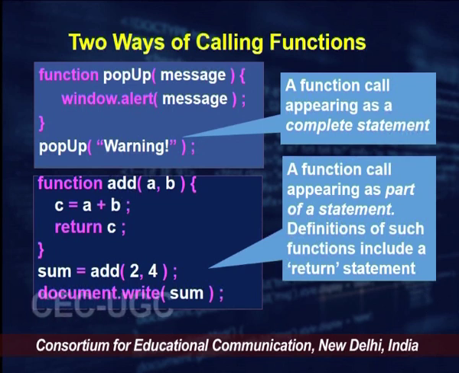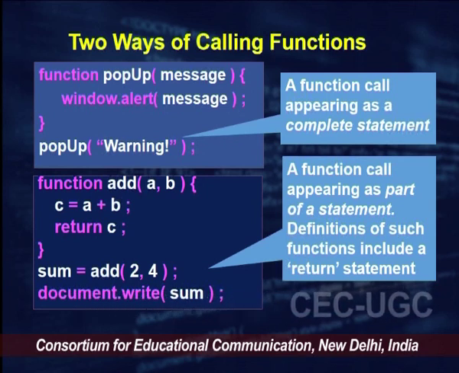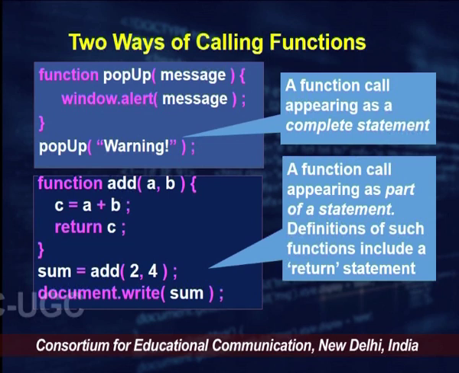When we call add(2, 4), we pass the arguments 2 and 4 to the function, and we hold the value which the function returns in sum. So you can call the function as a complete statement in itself, or as a part of another statement. When you call it as part of another statement, your function will always return a value. So, there are two ways of calling.